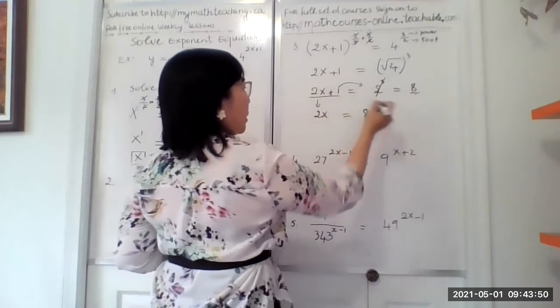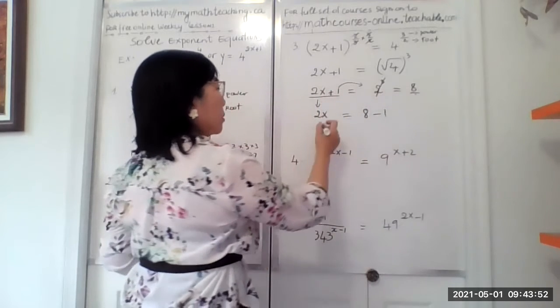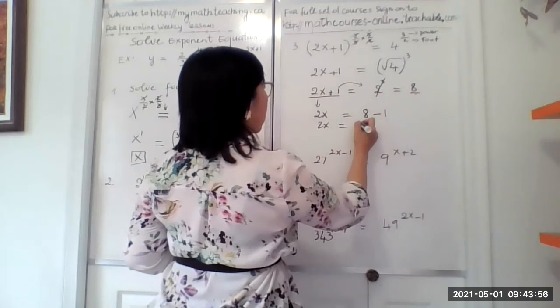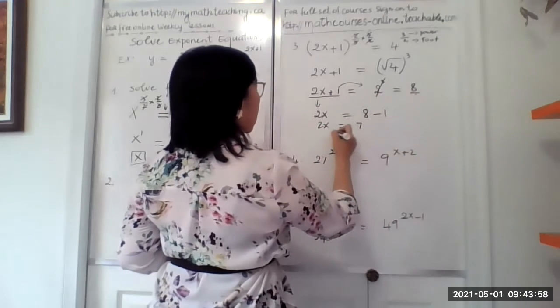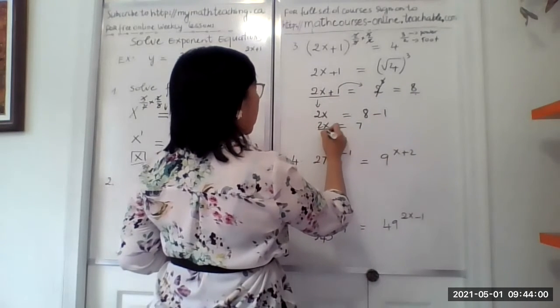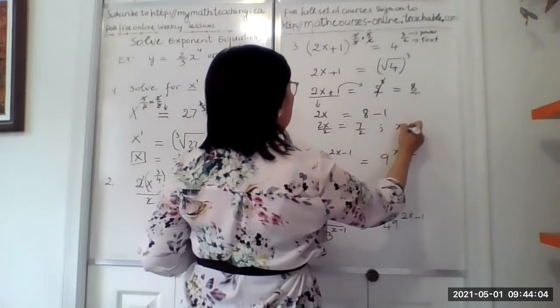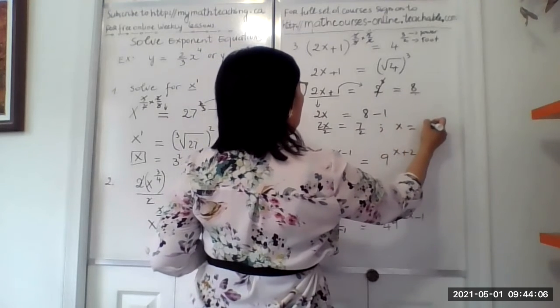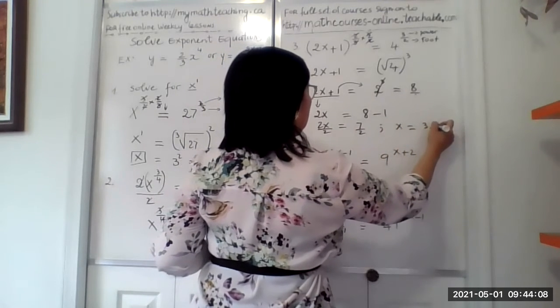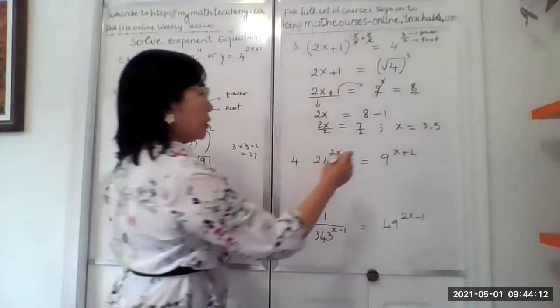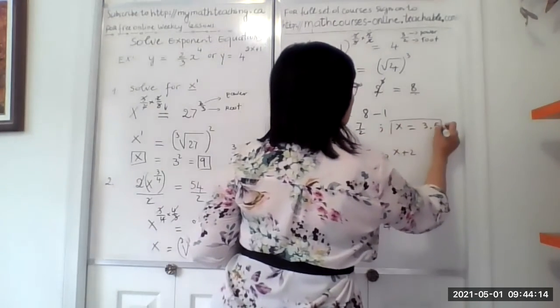So positive becomes negative when I move over. So I have 2x equals 8 minus 1, which is 7. Now divide both sides by 2. I get x equals 3.5. 7 divided by 2 equals 3.5. So that's the answer.